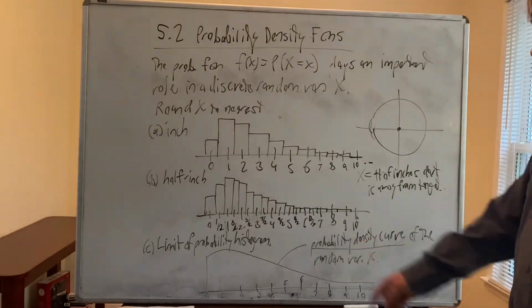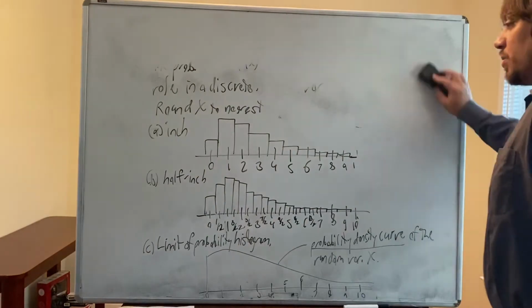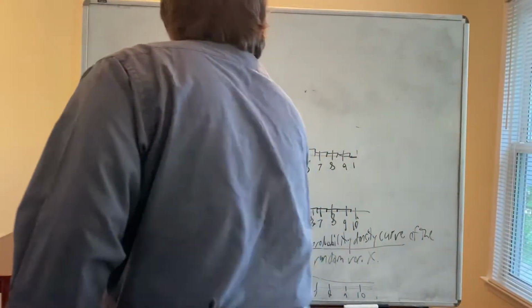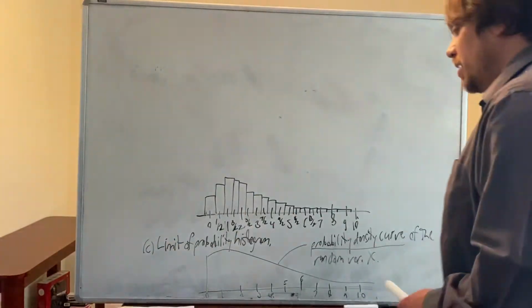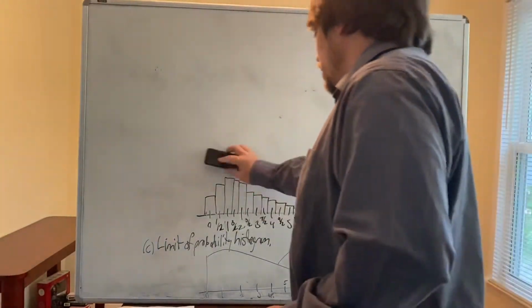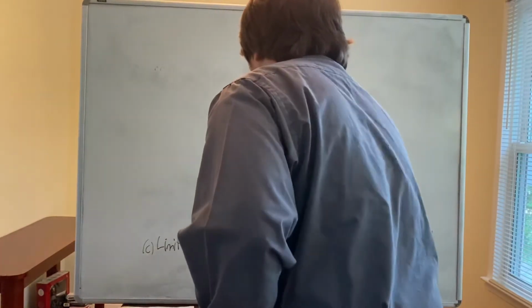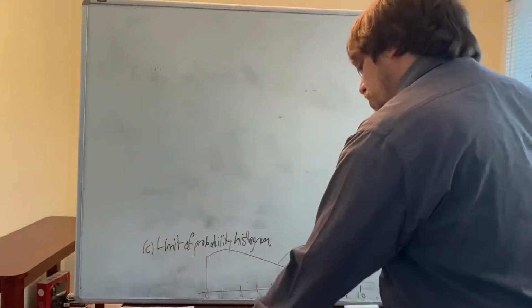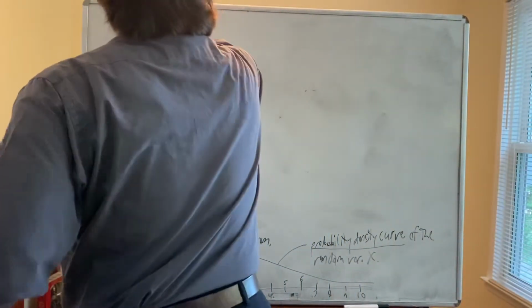Okay, so that's the probability density curve, and from that curve we get a function. Let me write that function. I'm going to erase A and B and keep C, because we're looking at that right now. C is the limit of probability histograms.